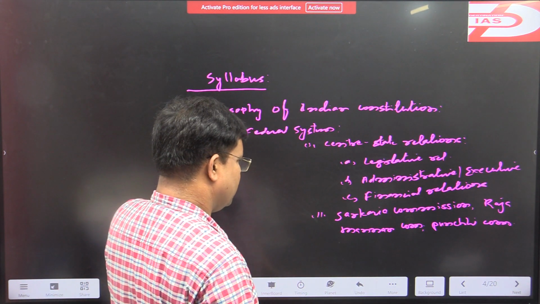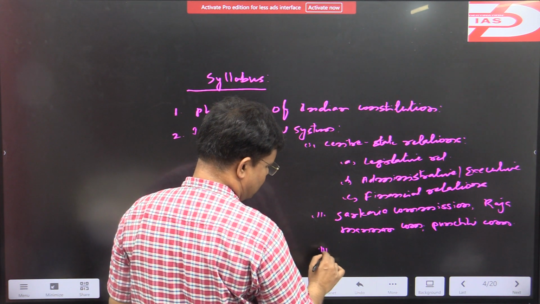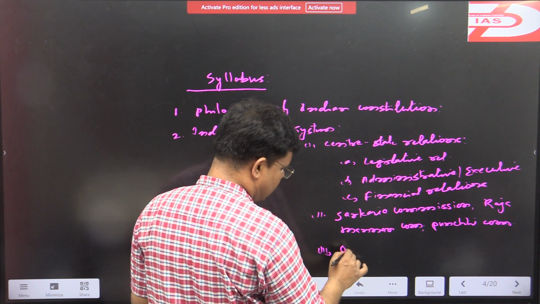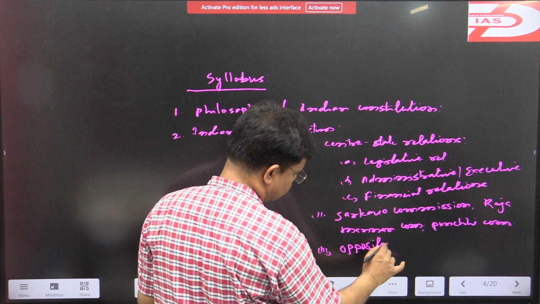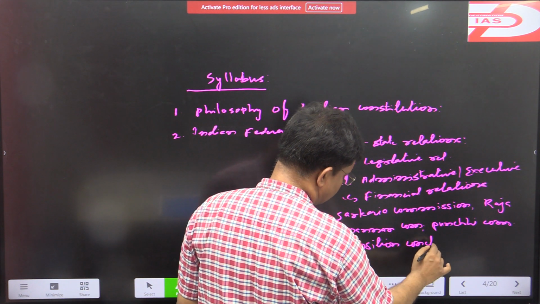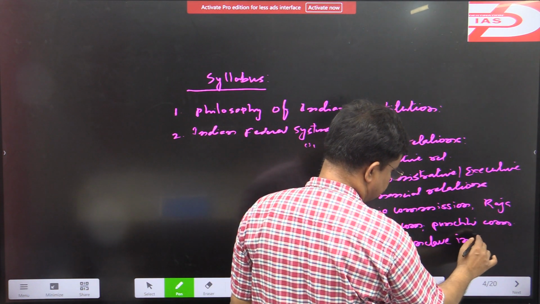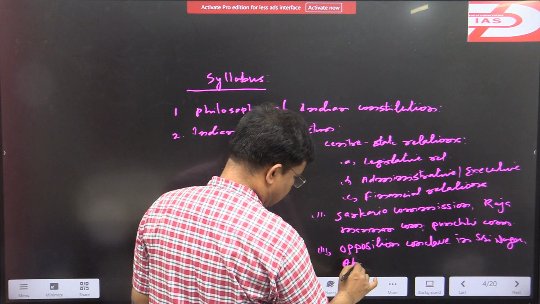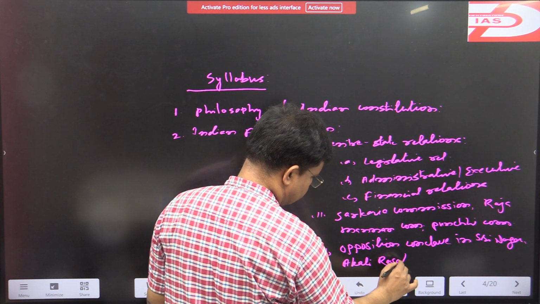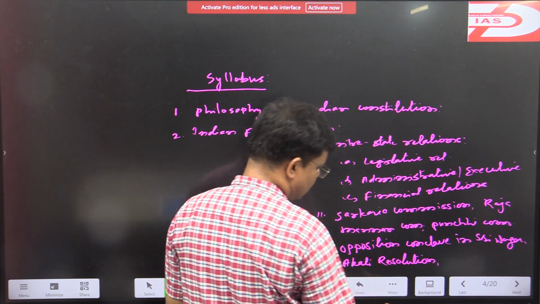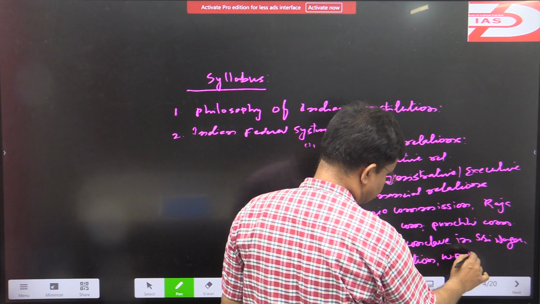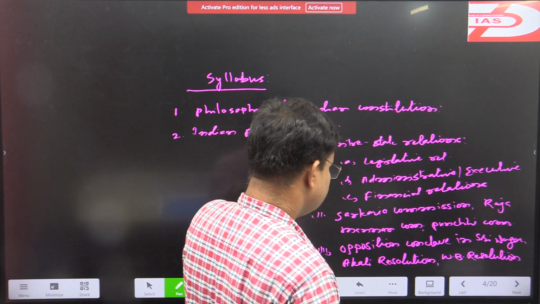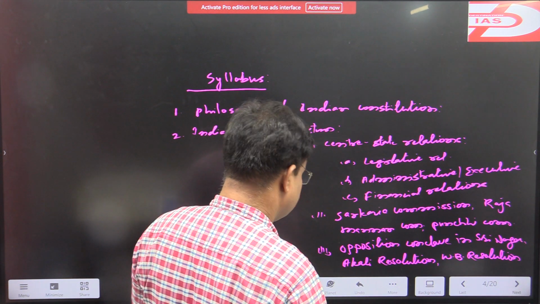Then another controversial aspect under this section that you must cover, that is the opposition conclave in Srinagar, Akali resolution, West Bengal resolution.